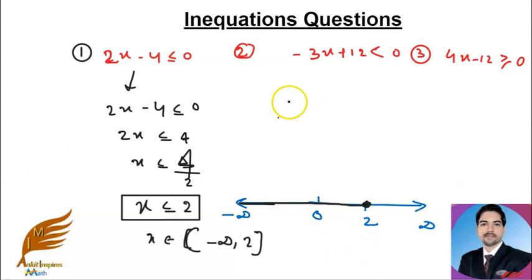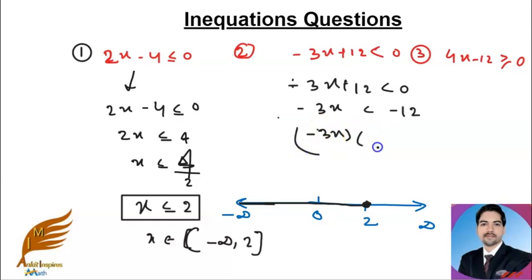Clear? Moving to the next question, minus 3x plus 12 is less than 0. We can take 12 to the RHS, it will be minus 12, multiply by minus 1 on both sides. You can see that the sign will be reversed. As I told you, in inequality, if you multiply with minus 1, then the sign reverses. This sign which you see as less than, what will it become?